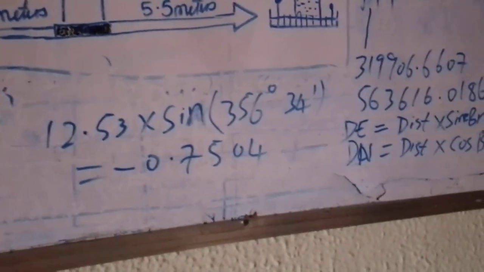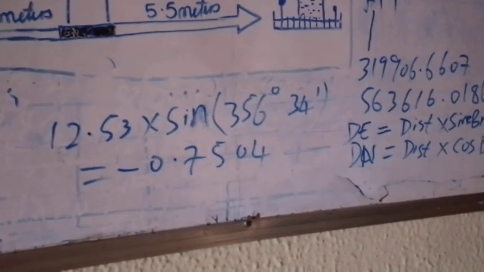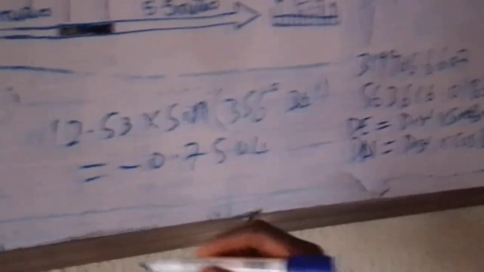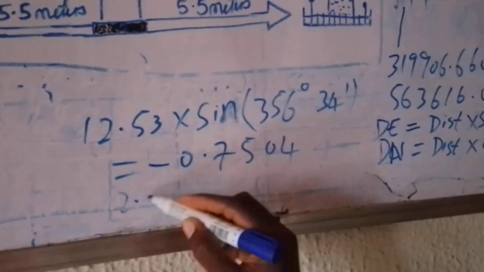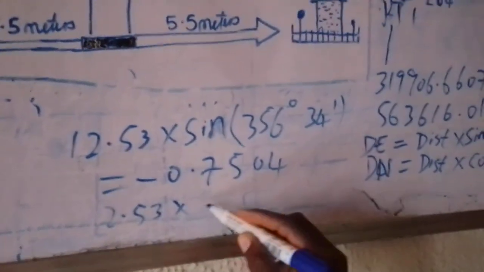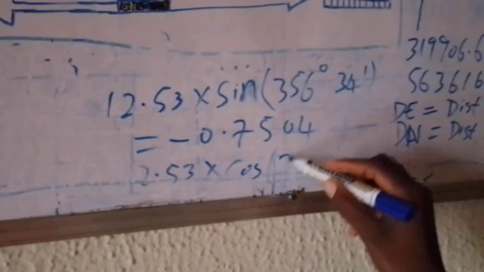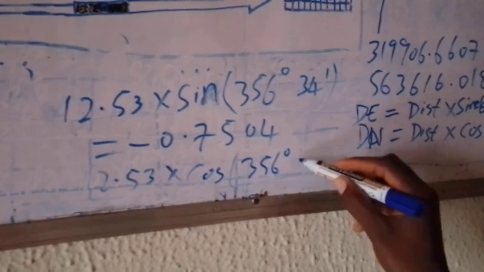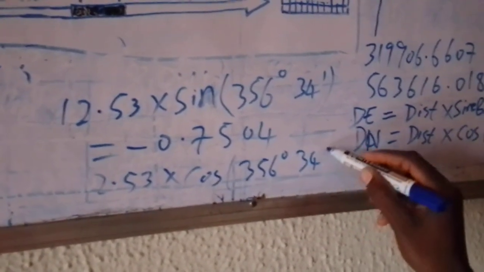So we are going to do the same. 12.53 times the cosine of 356 degrees 34 minutes.